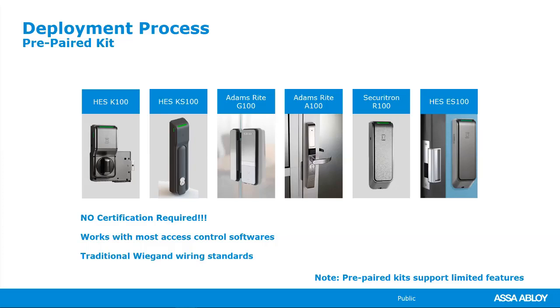And again, even if you didn't see your access control platform on that list that I showed before, if it uses traditional Wiegand wiring, you'd be able to use these products. One note that I want to mention is with the prepared kits, depending on the product, there are some limitations for the features.